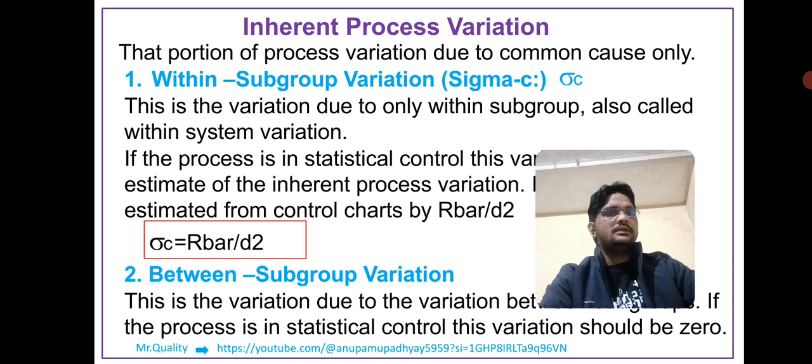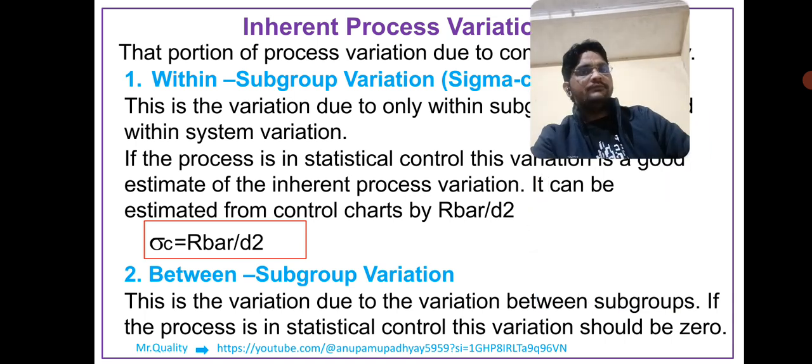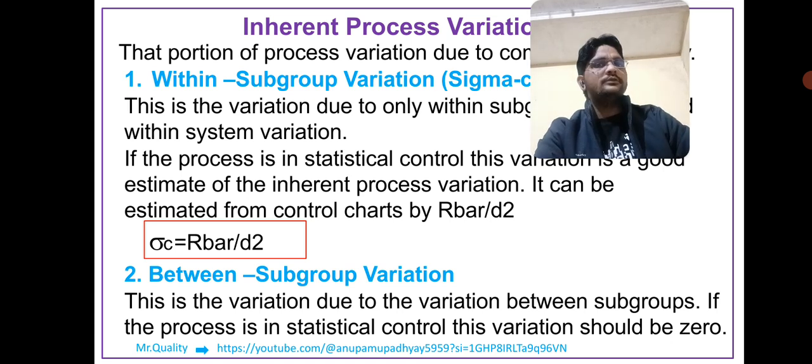What is the minimum, what is the maximum, what is the average, and the difference of max minus min within a subgroup, that variation is within system variation. If the process is in statistical control, this variation is a good estimate of inherent process variation. It can be estimated from the control chart by the formula sigma C equals R bar by D2.